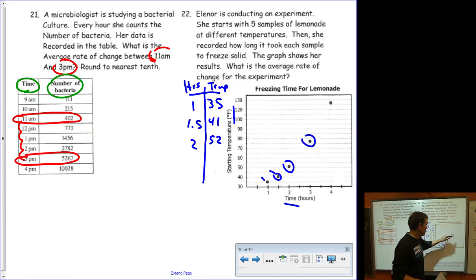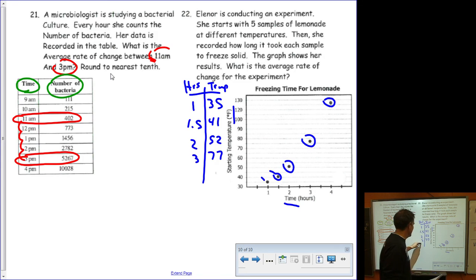I said this point is at 3 hours and a temperature of 77 degrees. And this point is at 4 hours and a temperature of 126 degrees. Now, you might have estimated slightly differently than me, but probably pretty close.